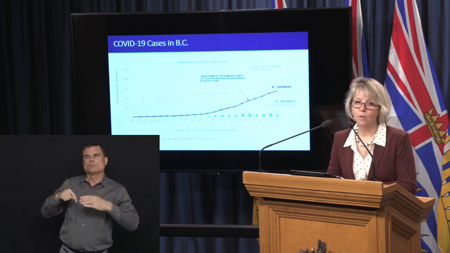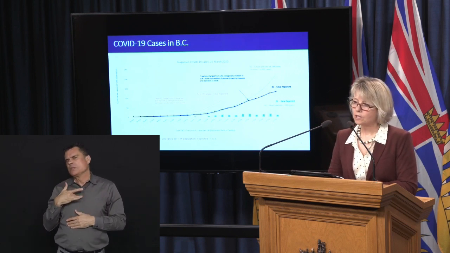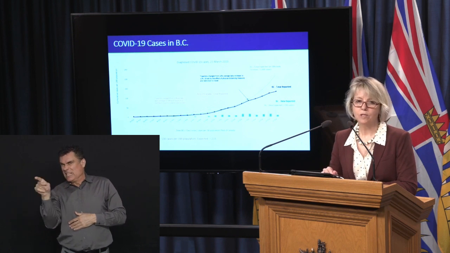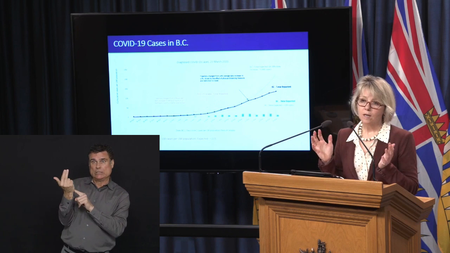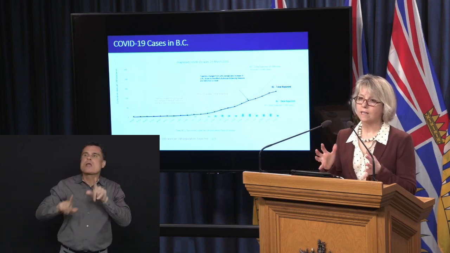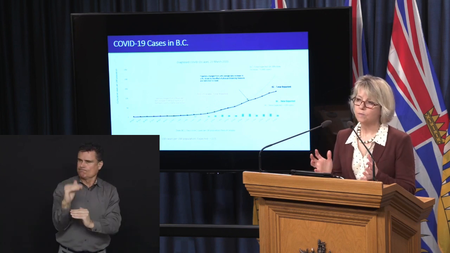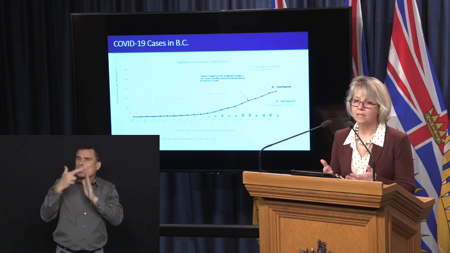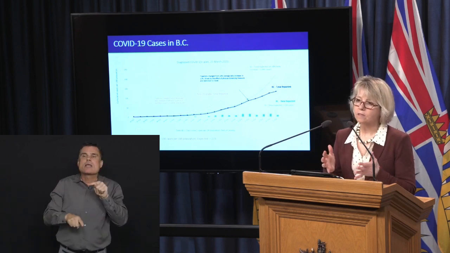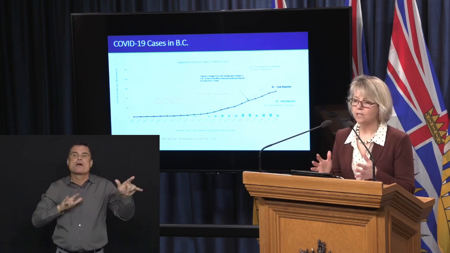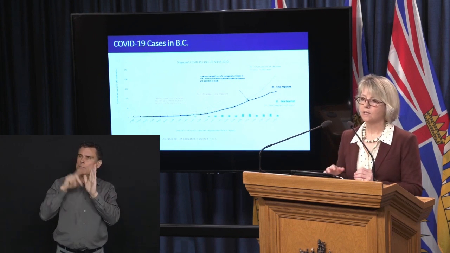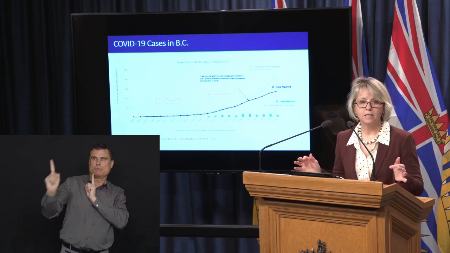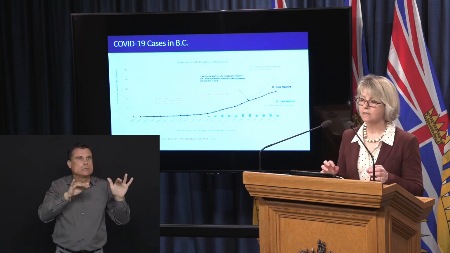As you can see, things grumbled along for a little while, and then around the 14th, 15th of March is another really important day. So the 13th was when we announced travel restrictions, when we announced some of the major orders and restrictions on movement, and we started implementing the important physical distancing measures in our community. And that was because we realized that we were seeing transmission in the community that was not related to travel or to known cases.